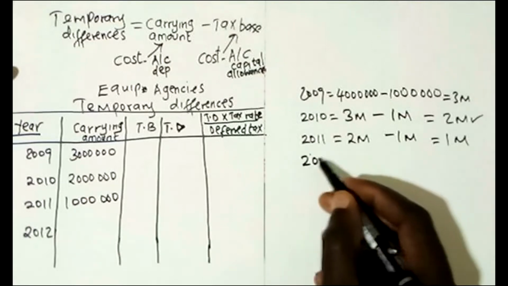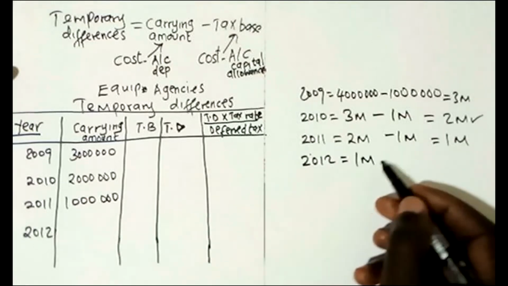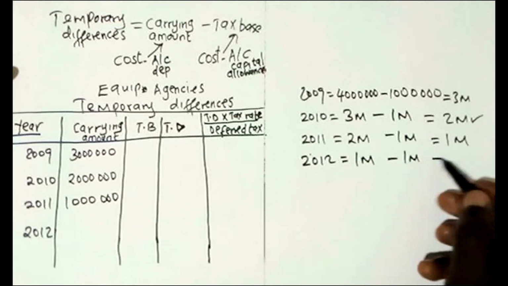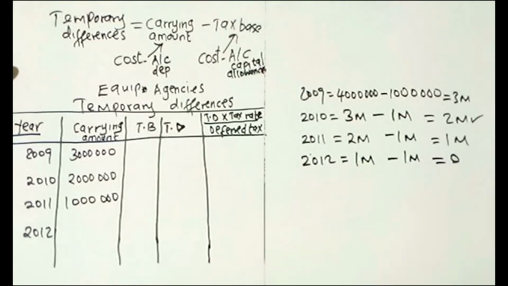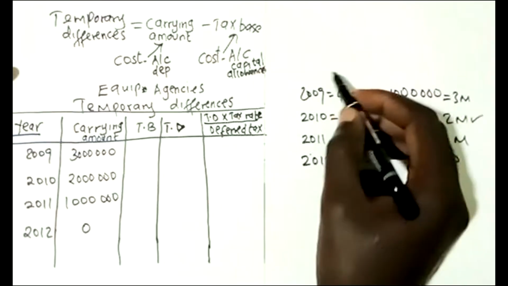Then 2012, the 1 million minus the 1 million is 0. This is how you get the carrying amount.